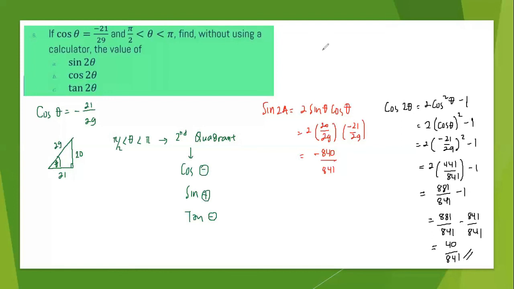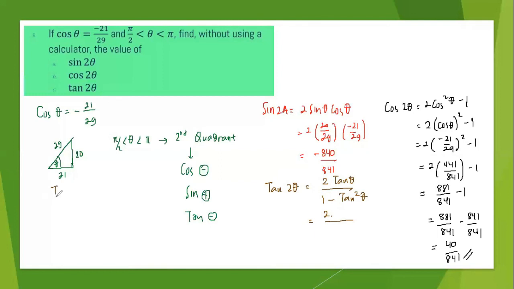The last. Tangent 2 theta is 2 tangent theta over 1 minus tangent square theta. You should remember this formula. Okay, go. 2 tangent theta.